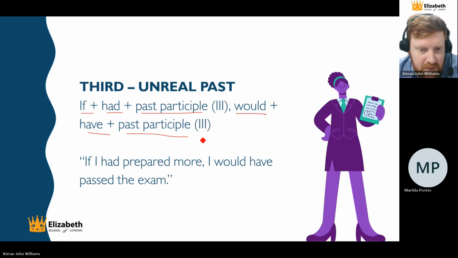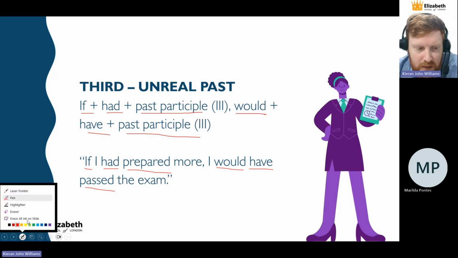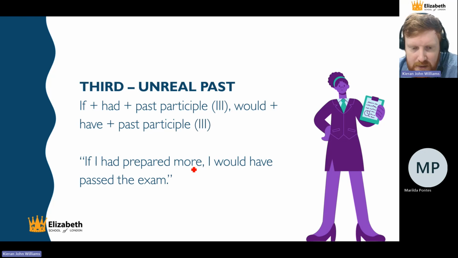Okay, so in our example sentence, we have if, we have had, we have the third form, we have would, we have have, and then we have the third form again. Okay, so that is telling us about something unreal in the past and what is the past result of that unreal thing. Okay, so that's what we looked at last lesson.